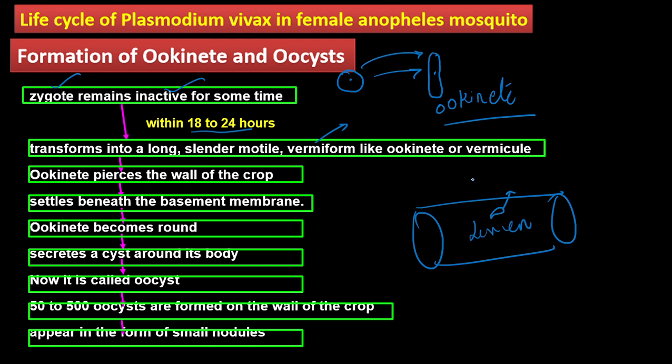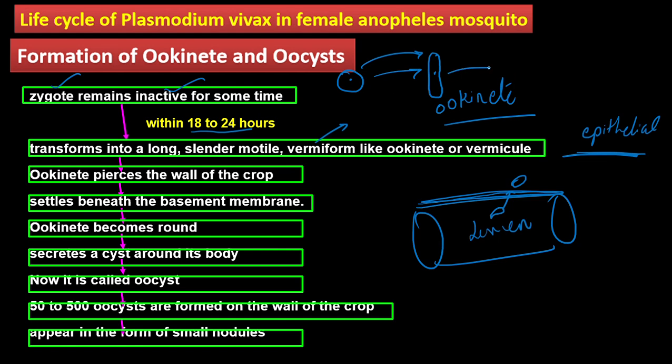It is going to pierce the wall of the crop and settle beneath the basement membrane. क्लास, हमेशा एपिथेलियल मेम्ब्रेन, एपिथेलियल टिश्यू के नीचे, always there will be the presence of basement membrane for nourishment and support. Always below the epithelial membrane there will be the presence of basement membrane. So here also, below the epithelial membrane there will be the presence of basement membrane. तो यहाँ पे देखो, it is going to settle beneath the basement membrane, right?